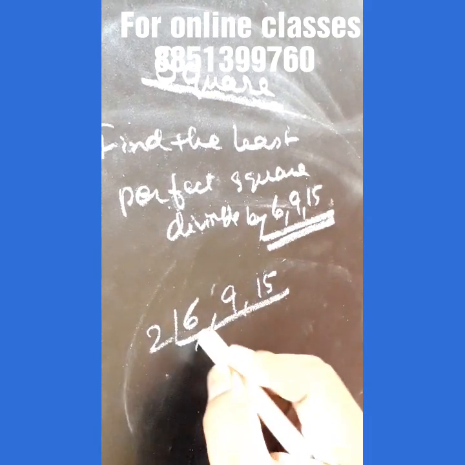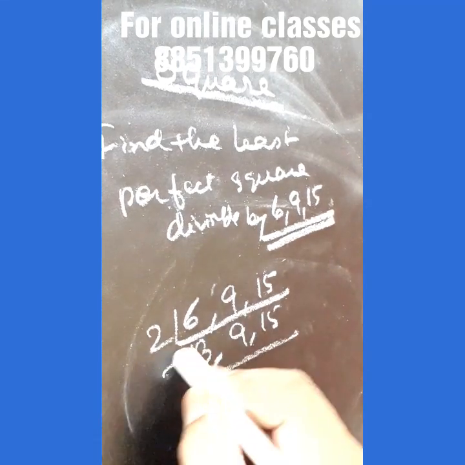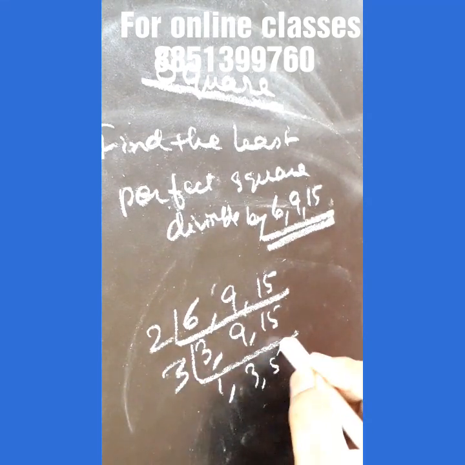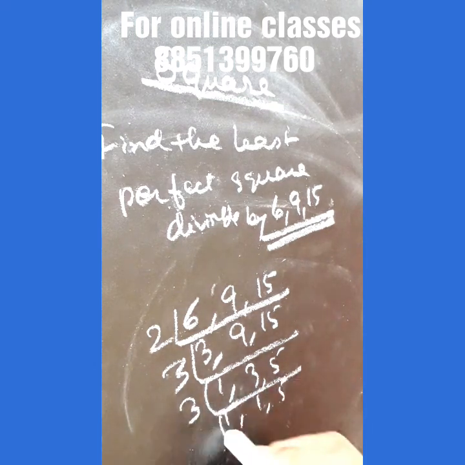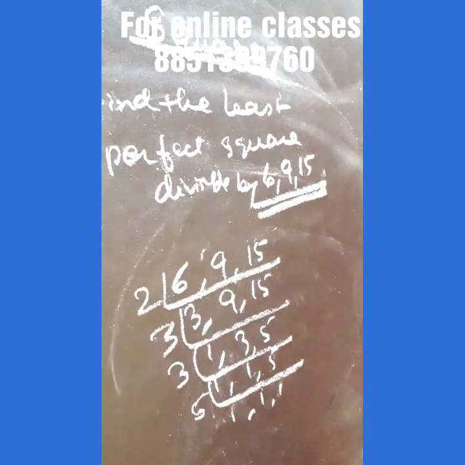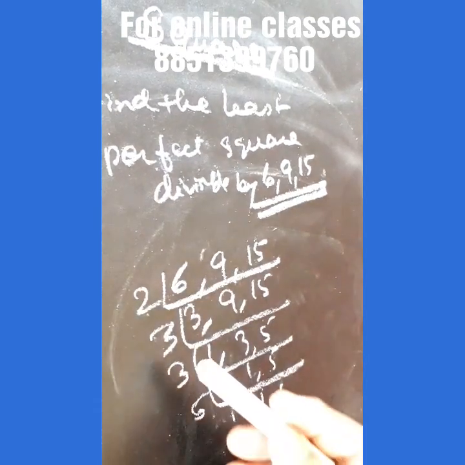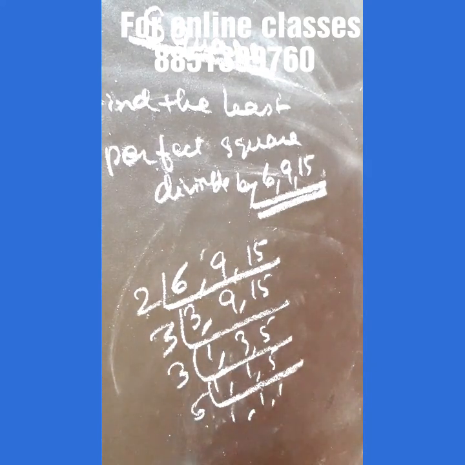Here we divide by 2, we will get 3, 9, 15. Again if we divide by 3, we get 1, 3, 5 here. We will divide by 3, we will get 1, 1 and 5. We will divide by 5, we will get 1, 1 and 1. So the LCM of these numbers is 2 into 3, means 6, into 3 is 18, into 5 is 90.